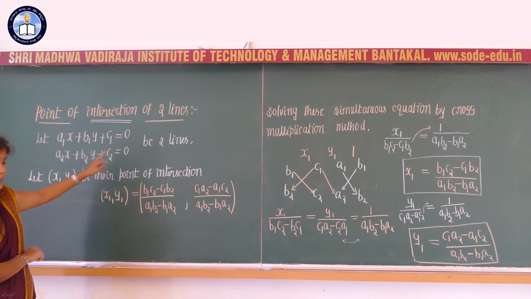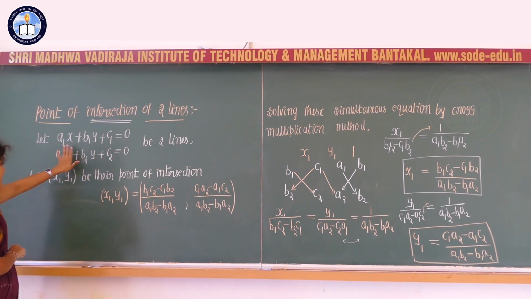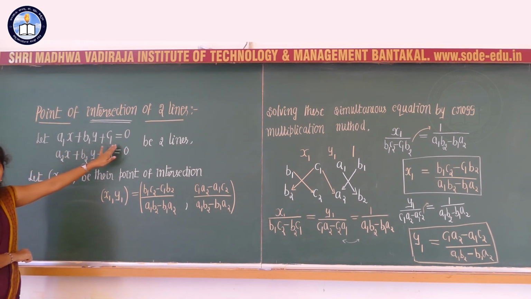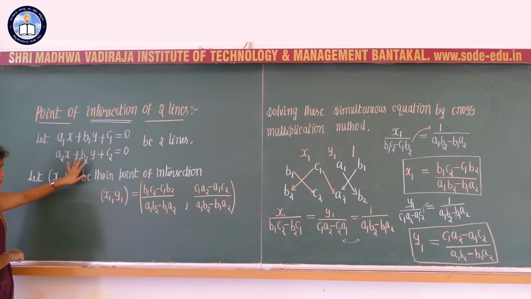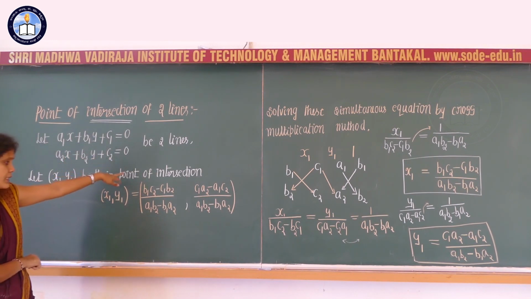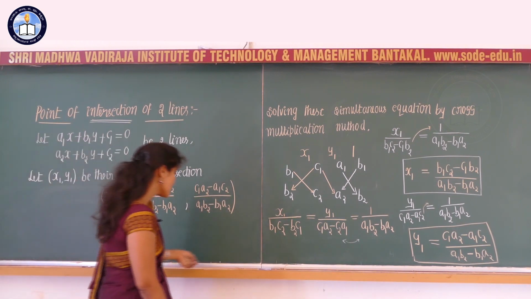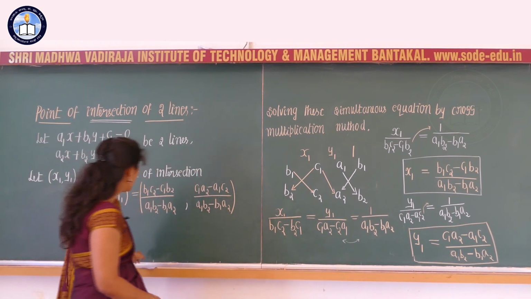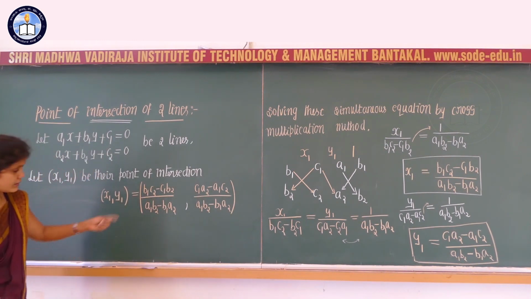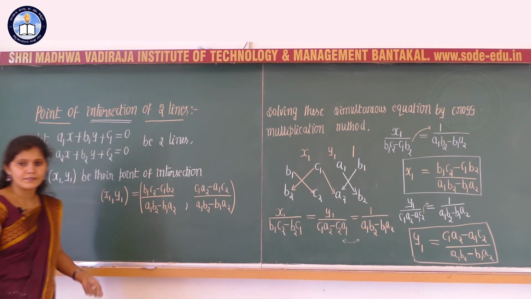If L1 and L2 are two lines such that a1x plus b1y plus c1 equal to 0 and a2x plus b2y plus c2 equal to 0, then their point of intersection is given by this formula, the ordered pair x1 comma y1, with this x1 coordinate and y1 coordinate.